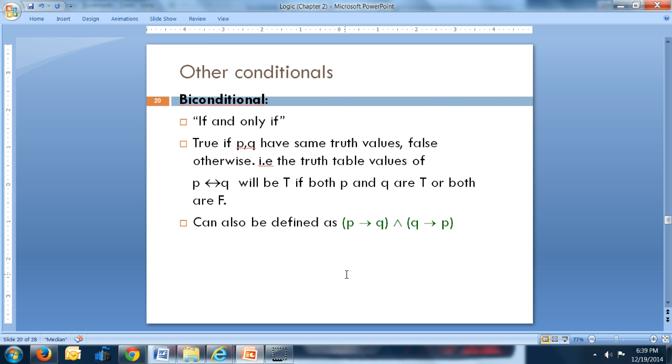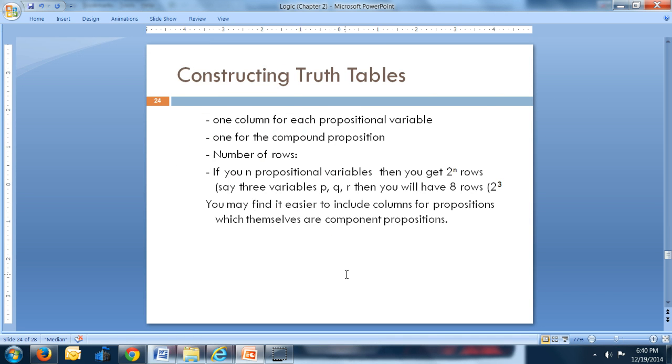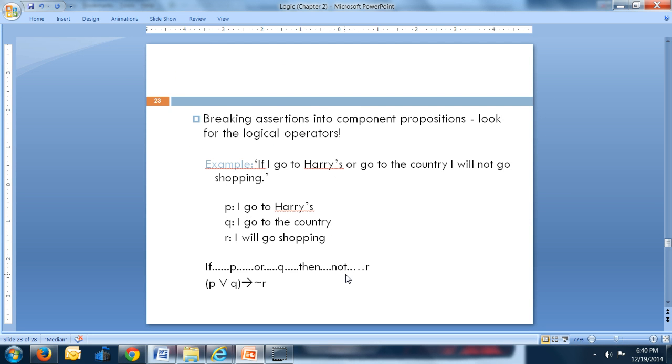The last statement I'm including here is the if and only if. It is a biconditional, and we say B if and only if Q. Now the truth table for this is always true when both of them are true, or both of them are false, and it is false otherwise.